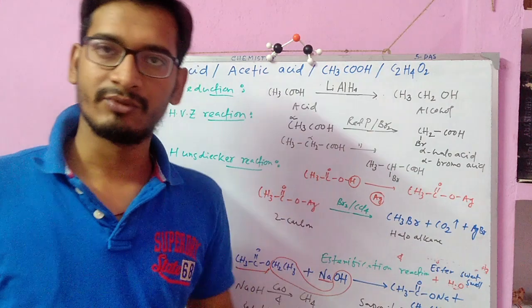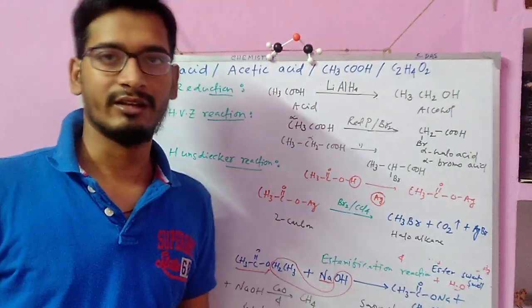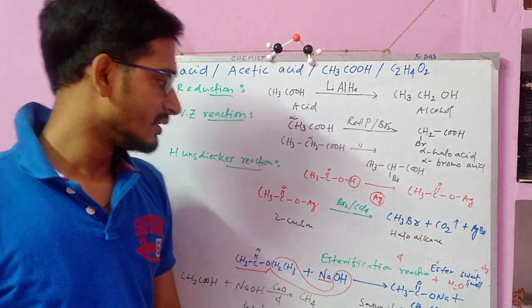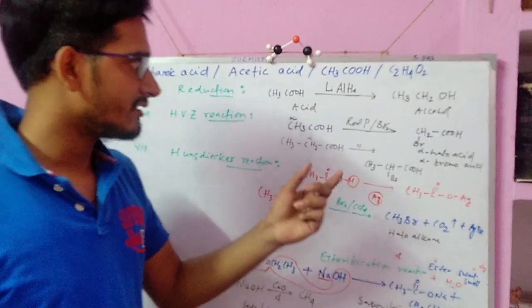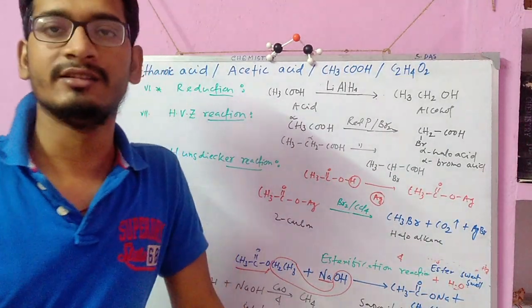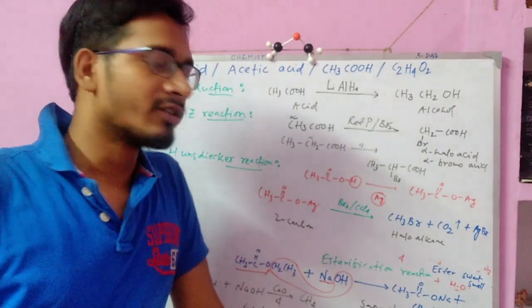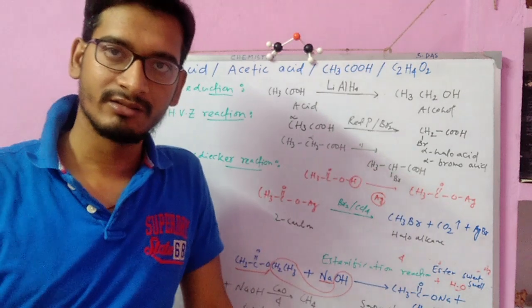The side products are not so important in organic chemistry. Here the main product is haloalkane, methyl bromide. So these are all the reactions of acetic acid. And another question likely to come: how will you identify that this is an acid? For that, your first test will be the litmus paper test.